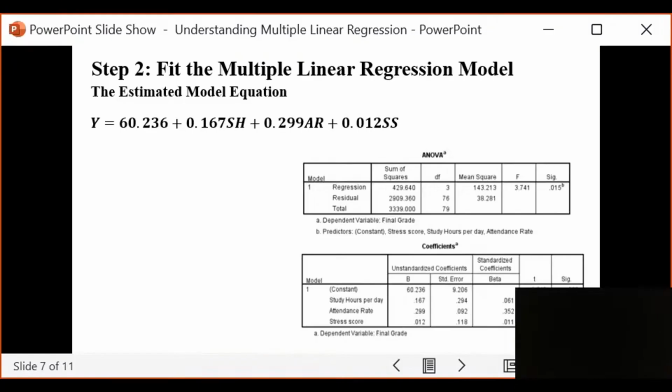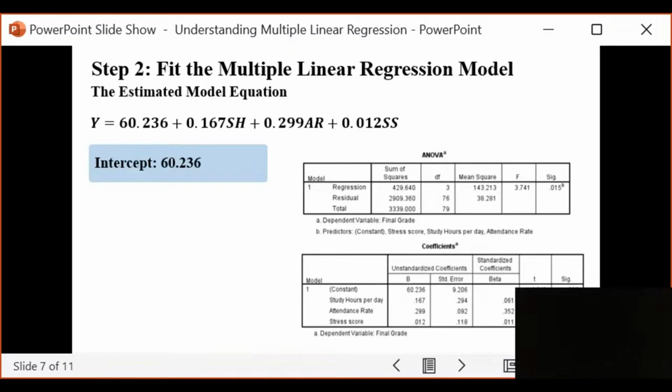That is also the value there, 0.299. And the same is true with the stress score. The value in the table is what you will use in the model. So you get the value from the table, then adapt it to the equation to come up with the multiple regression model showing the relationship between the final grade and the independent variables. Okay.